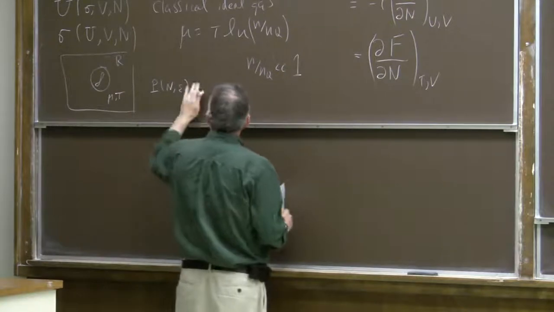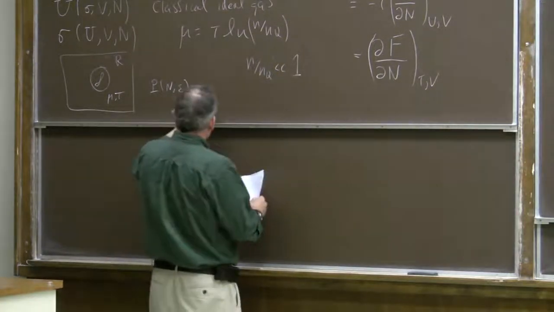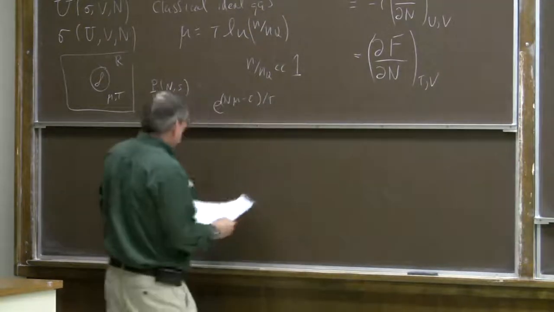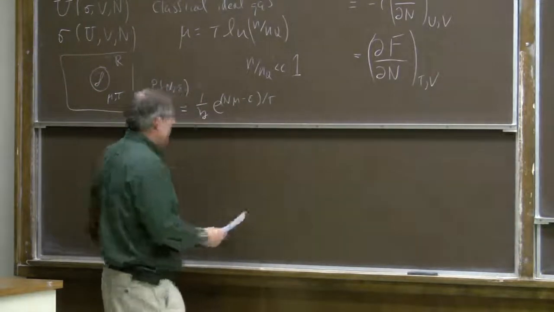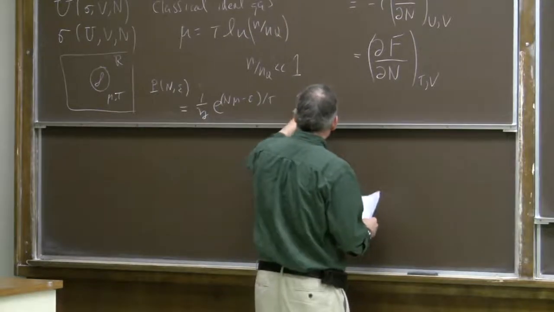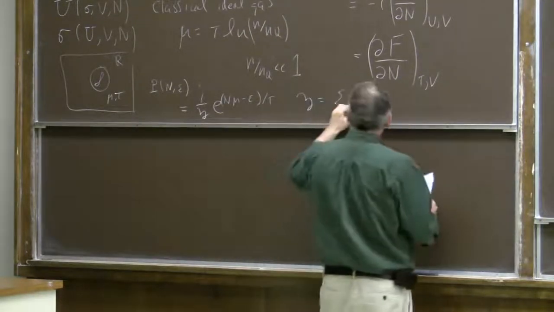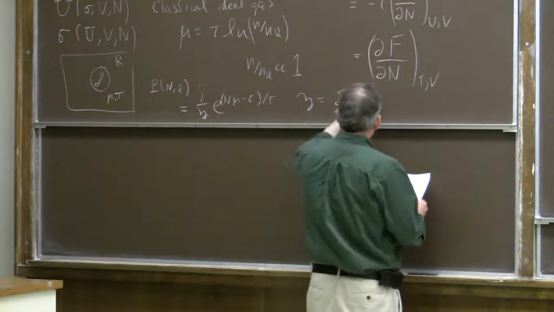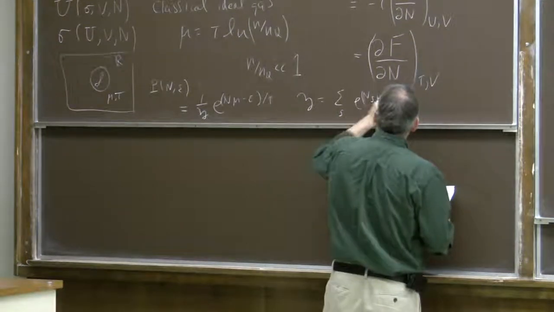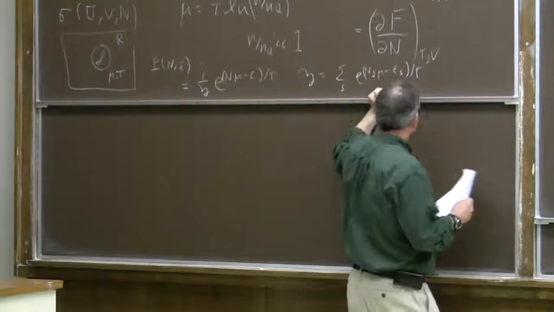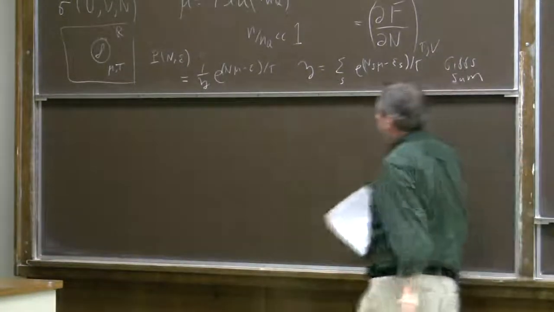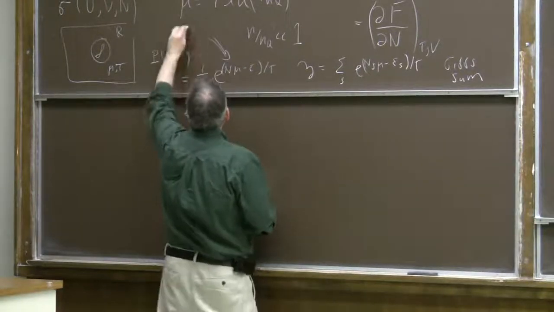And we said it's proportional to the Gibbs factor, which is e to the N times chemical potential minus energy, divided by temperature. To normalize that, we divide by a term called the Gibbs sum, which is the sum over all states of the system, of e to the number of particles in the state times chemical potential minus energy of the state, divided by temperature. That's called the Gibbs sum. And this is the Gibbs factor.